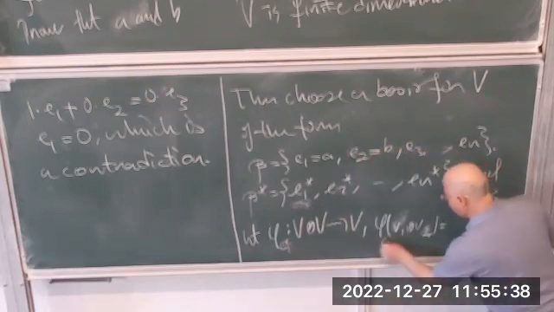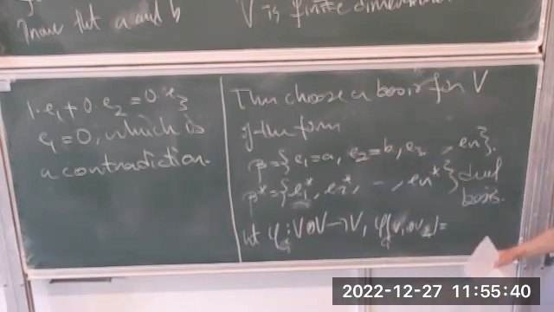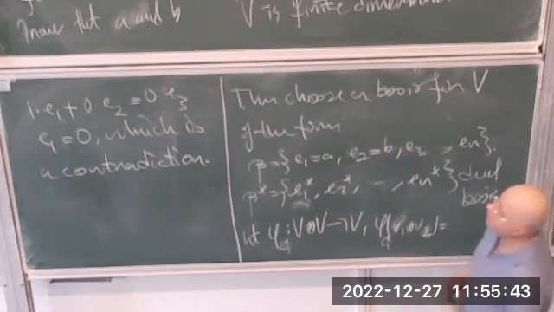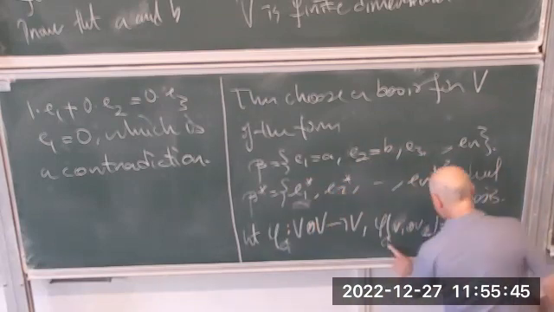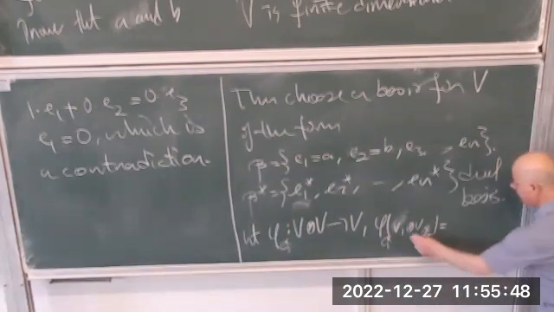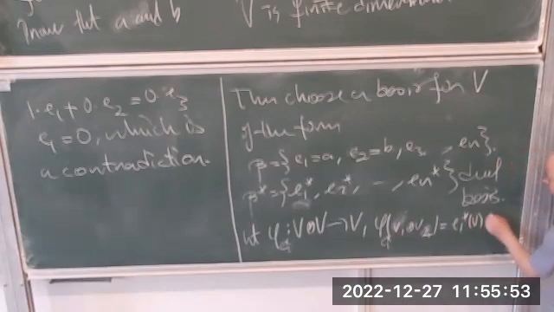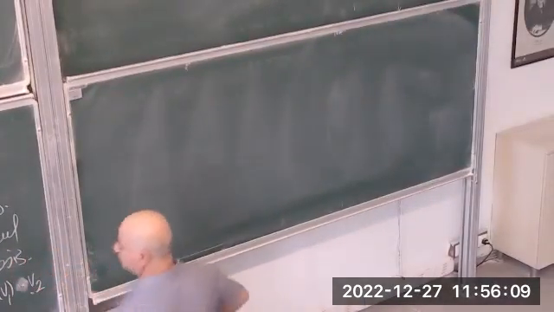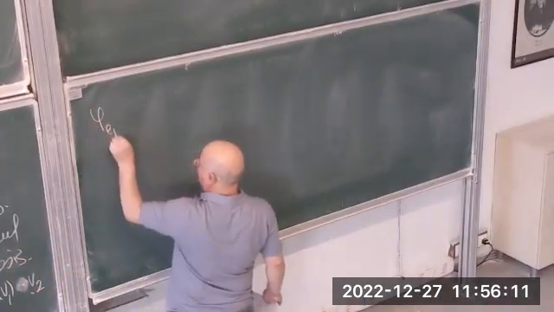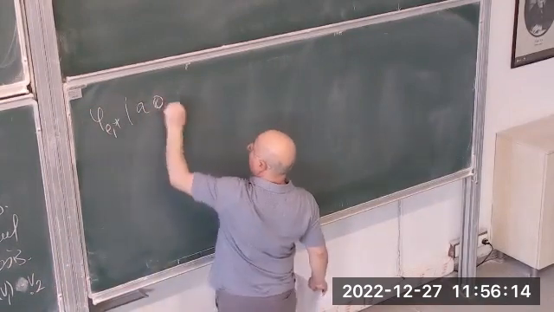Phi E1 star, because for any covector, I can choose one such linear map, right? Let me choose the one, E1 star. So E1 star applied to the first vector gives us a scalar, and then I just multiply the second vector with that scalar. Okay, so let's apply this to this gadget.